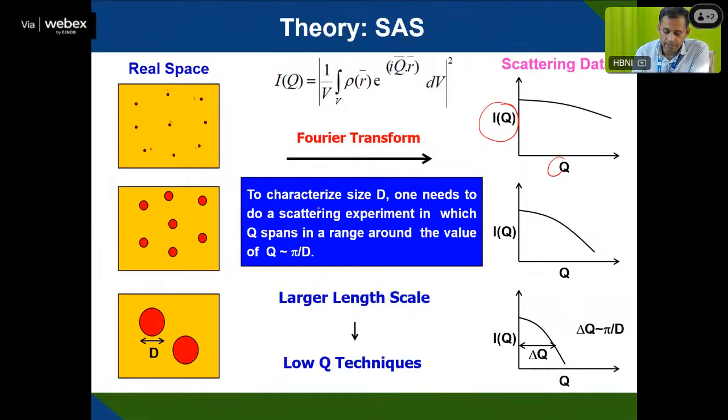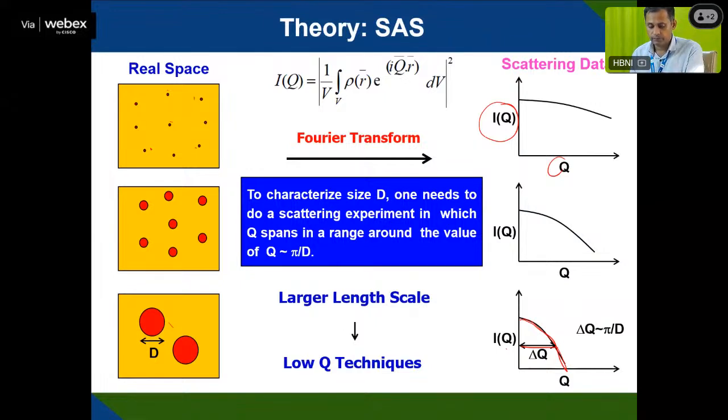So to characterize the size D, one needs to do a scattering experiment in which Q spans the range of Q equal to π/D. So if D is the size, then around π/D is the range where you have to span Q to find the value. If you see a slightly larger particle, then you see the scattering data decaying immediately here.